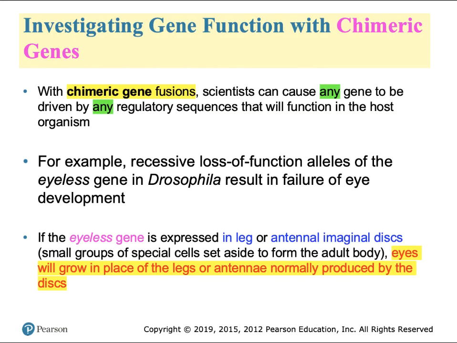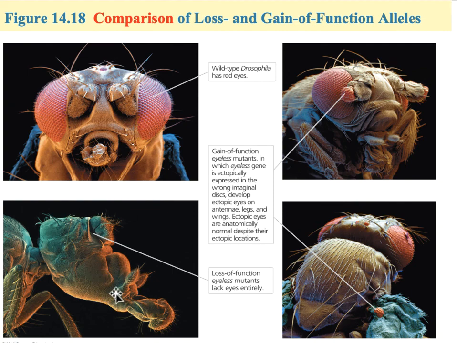The outcomes of our research on genes and regulatory regions has led us to start producing chimeric gene fusions, as we mentioned earlier, where we can take any regulatory region of a gene and fuse that to the coding part of the gene. An example of that that's been used in many genetics textbooks is the ability to grow eyes on different parts of the body of a fly.